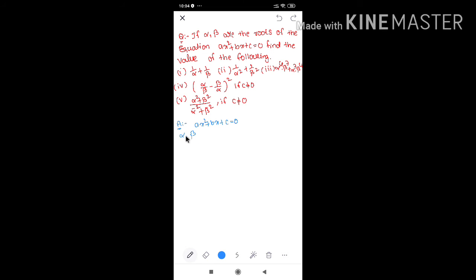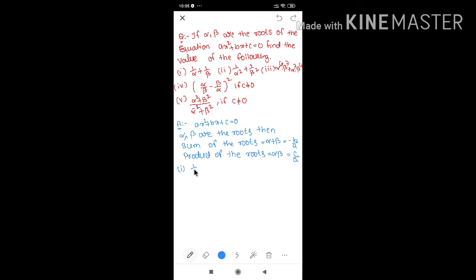Alpha comma beta are the roots, then sum of the roots formula: alpha plus beta is equals to minus b by a, and product of the roots: alpha beta is equals to c by a.